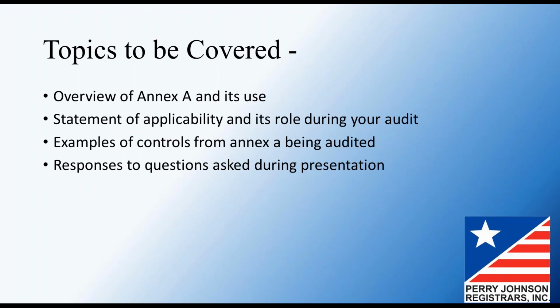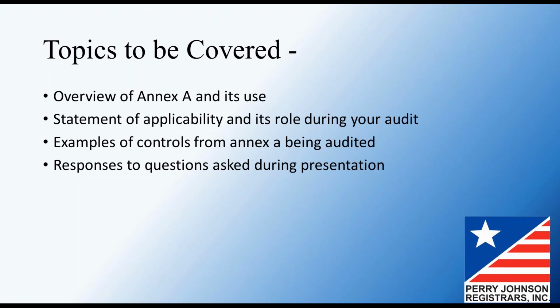All right, so today we're quickly going to talk about Annex A and its purpose and use in regards to the standard. Additionally, we're going to talk about the statement of applicability and its role during your audit as well as in your system at large. And then we're going to look at a couple different sample controls from Annex A, and build out some example policies and procedures that might be created in relation to them, and then run through the realistic expectations of what an auditor would expect to see while they're on site to verify that these controls have been implemented effectively.